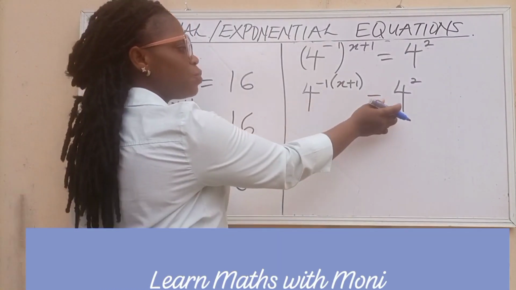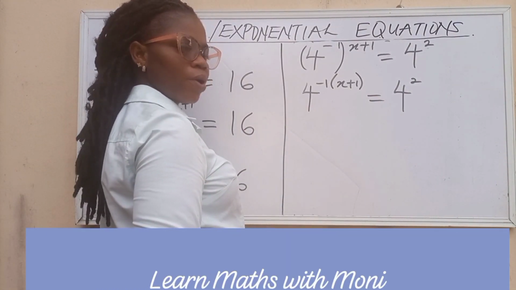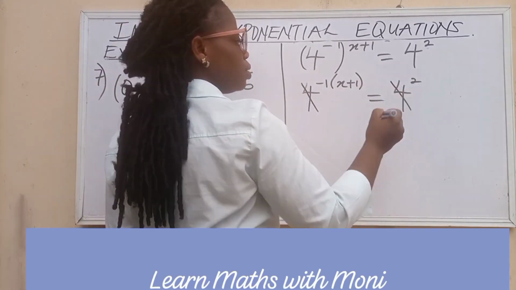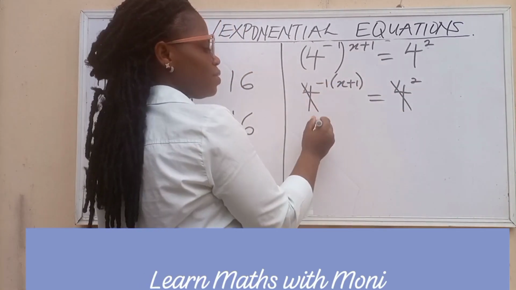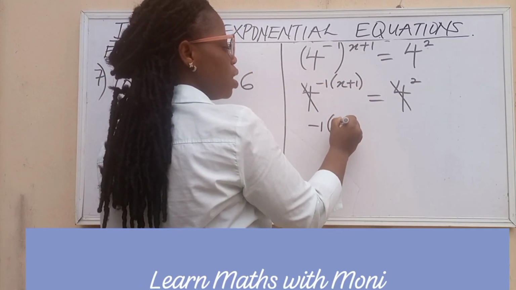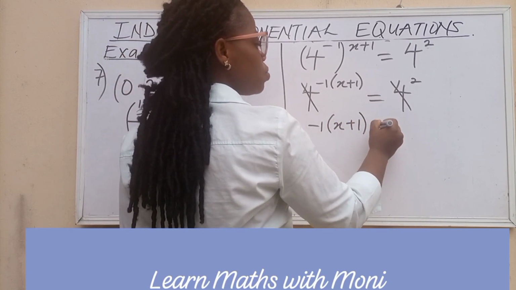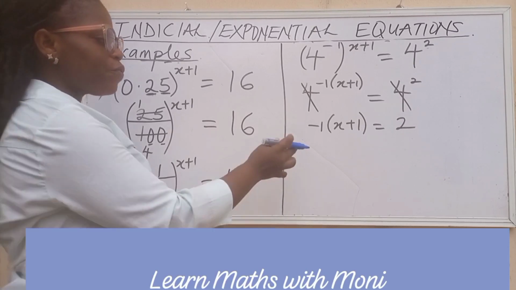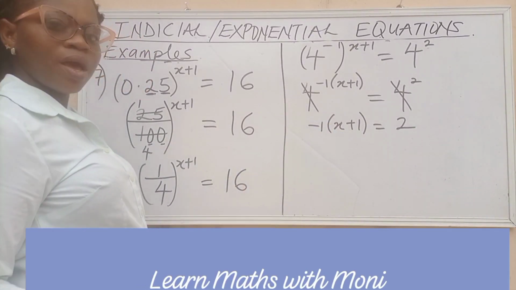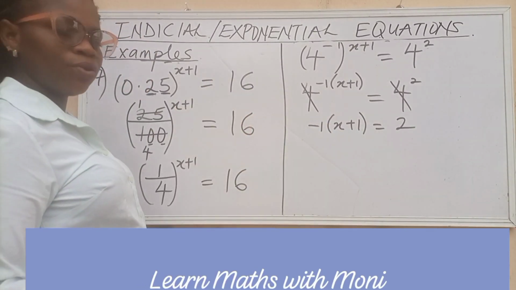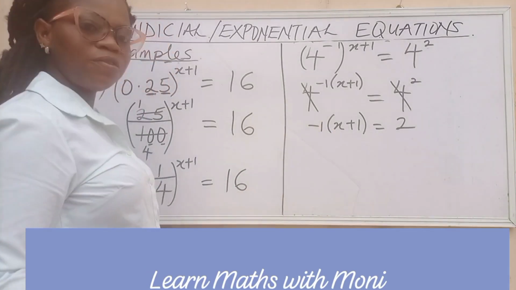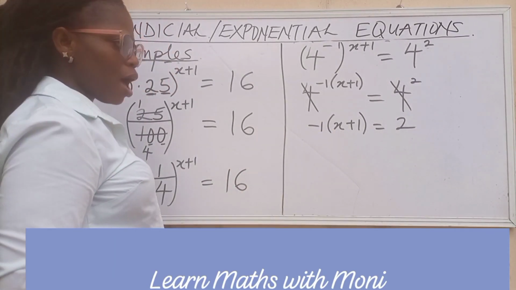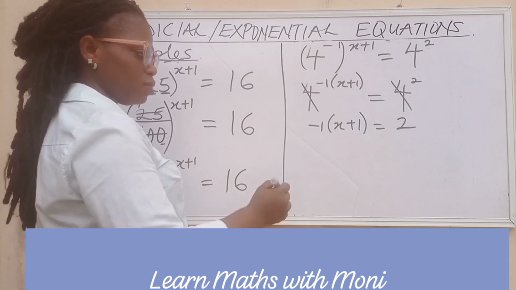The bases are equal, we will equate the powers. So on my left hand side, I have minus 1 into x plus 1 equals to 2. Solving for our x now, I'll divide both sides by minus 1. This minus 1 outside the bracket, I want to use it to divide both sides.